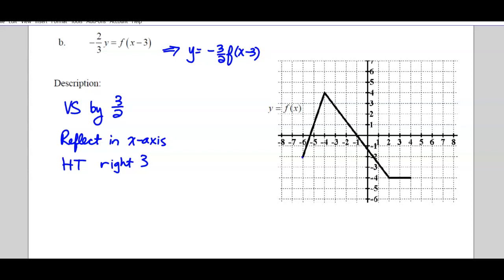Yes, you get -3. 3/2 times -2 is -3. Then we're going to reflect in the x-axis, so that -3 becomes +3. And then we're going to go to the right 3 units.